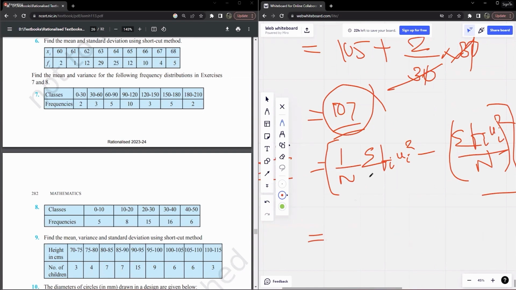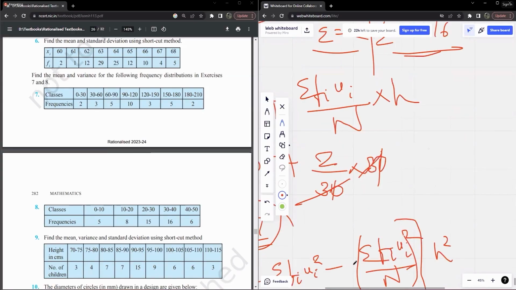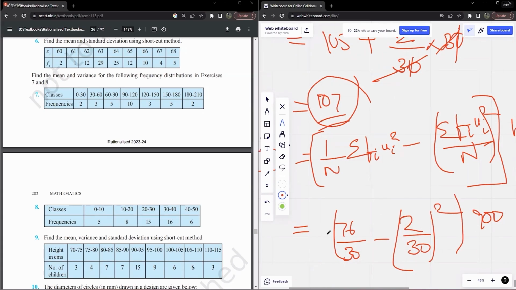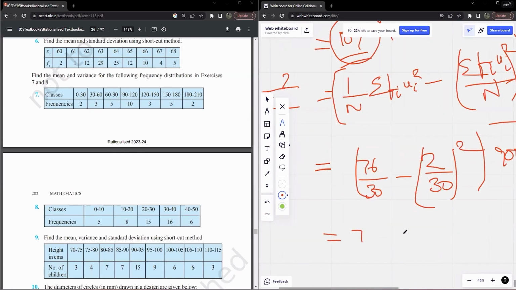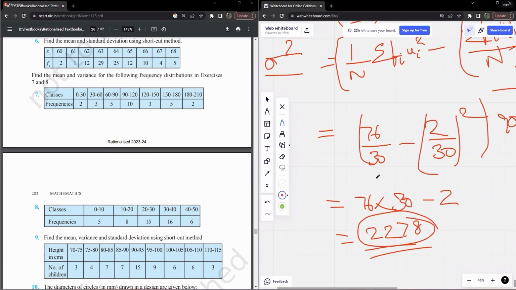Which is equal to 1 by 30 times sigma fiui squared, which is 76, so 76 by 30 minus 2 by 30 the whole squared, into 900, which is basically 76 minus 2, which if you multiply 76 into 30, you get 2280, so 2280 minus 2, which is 2278, and that is the variance that you're searching for.